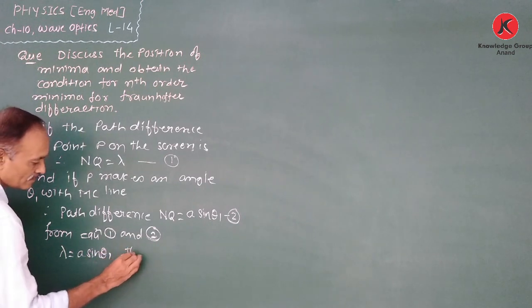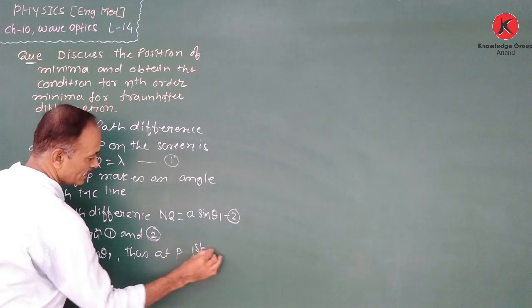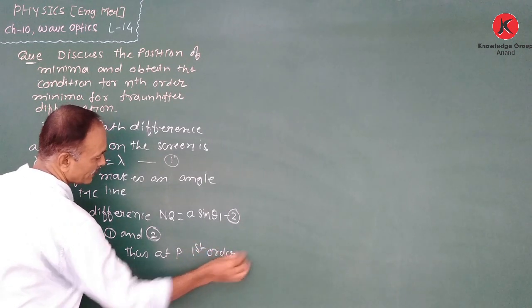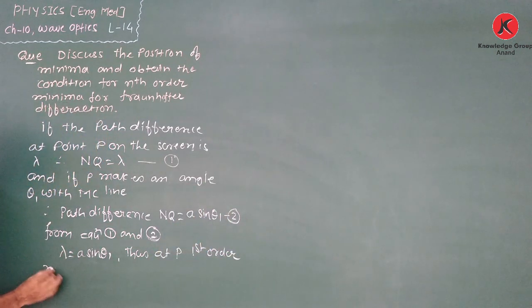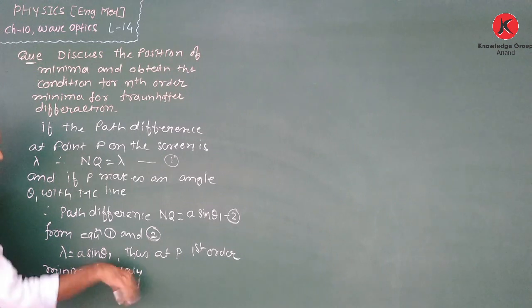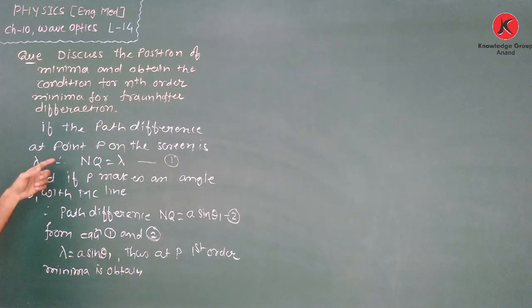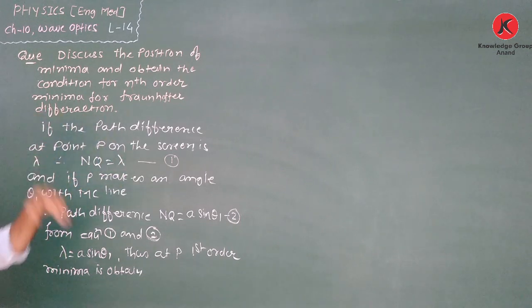Thus, at P, first order minima is obtained. If the path difference at point P on the screen is lambda, therefore NQ is equal to lambda.